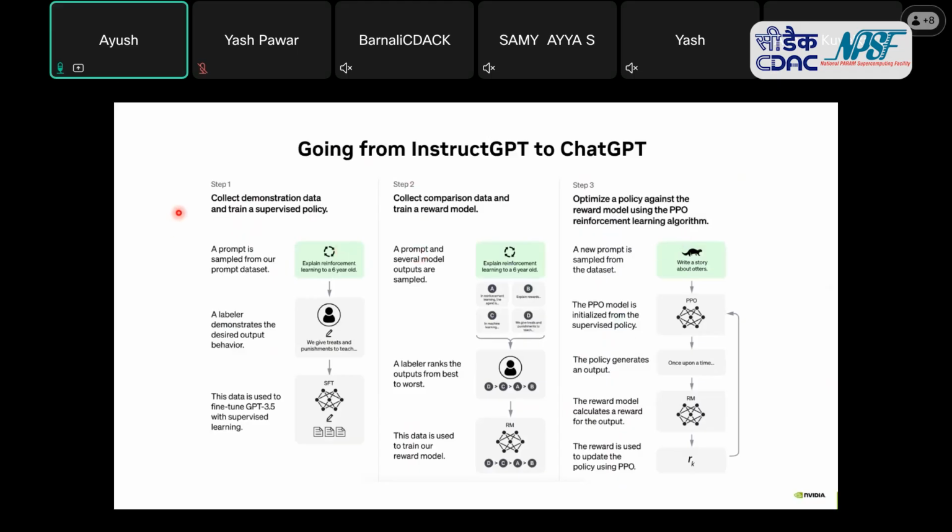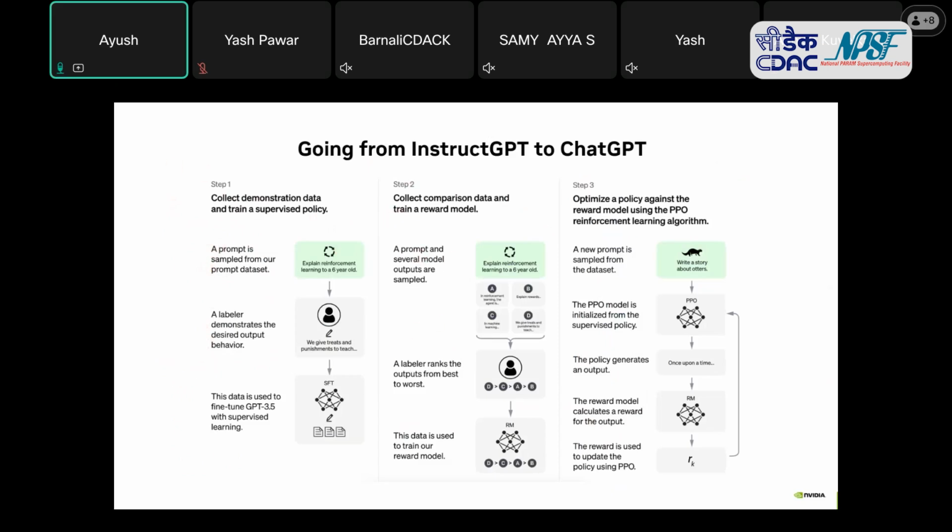You collect demonstration data and train a supervised policy. Here you create data which consists of instruction-response pairs, and a labeler, a human annotator, demonstrates the desired output behavior, and you use that data to fine-tune the pre-trained model.